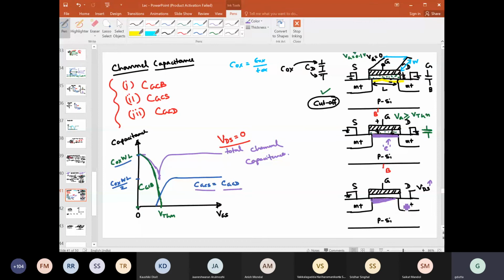So the channel has now been detached from this drain terminal, right? So in that case, if I ask you, can you now plot the variation of these three things, CGCB, CGCS, CGCD, with the change in VDS, then what will be your answer?